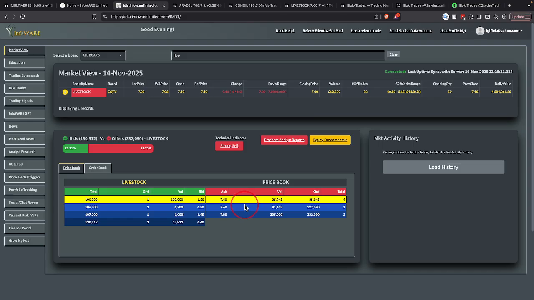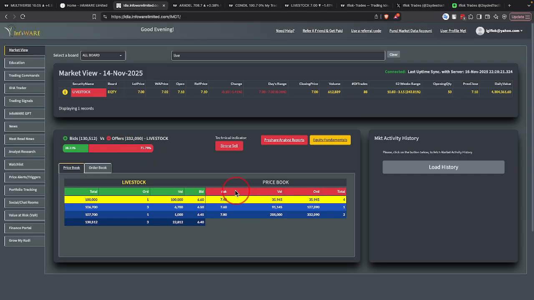TradingView told us the price is at 7 naira per share, but the people willing to sell are only willing to sell at 7.4, willing to sell at 7.6, willing to sell at 7.8. And then the people that want to buy at 6.6, want to buy at 6.5, want to buy at 6.4, right? So even though we have about 30% people willing to buy, and then you have 70% of people willing to sell, it invariably means that there's some faith, but not so much faith in livestock.